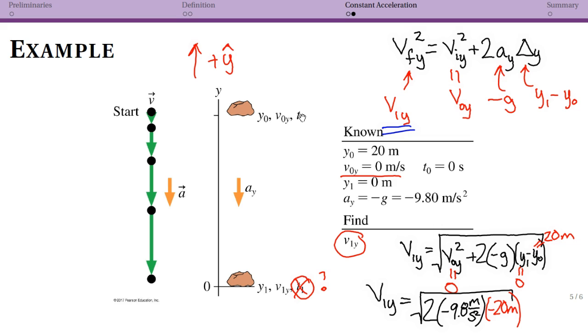The other thing I want to mention is that when you take a square root, you can get a positive or a negative value. Since it's heading downwards, whatever you get should actually be a negative value. This is going to give you the speed. You then need to look at the situation and say, hey, that's going downwards, which means it's a negative value. So please be careful about that.